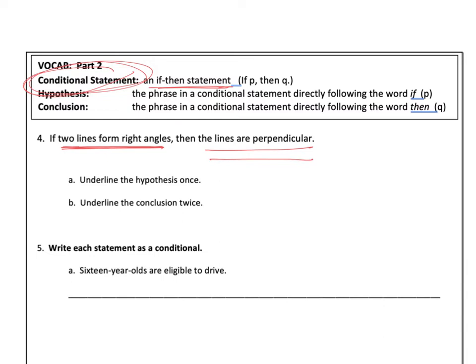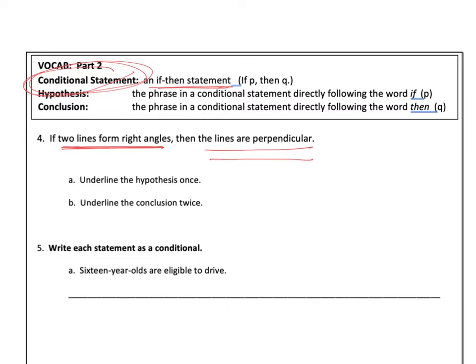So part 5, can you write this statement as a conditional? What they want us to do is take the statement and change it into an if-then sentence. So 16-year-olds are eligible to drive. Think about, can we change that to an if-then statement? I think we can.